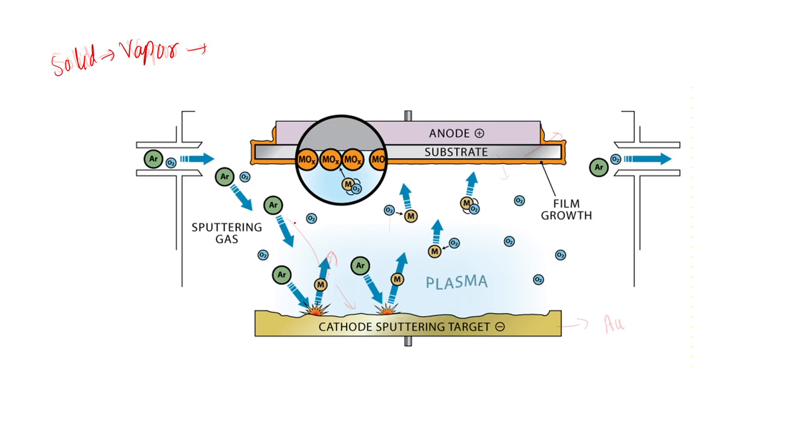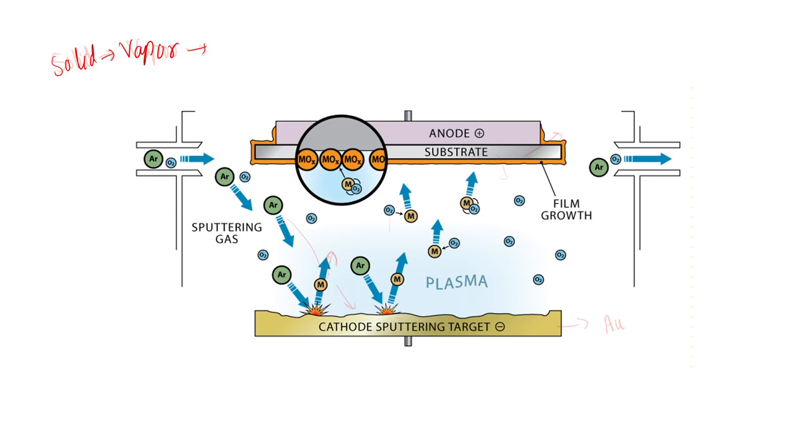These ions will get attracted towards the anode and they will get deposited on the substrate, and that's how the sputtering reaction happens. Let's say this is for metal sputtering. There is also another type of sputtering called reactive sputtering, where we will send some gas as well, oxygen or nitrogen.